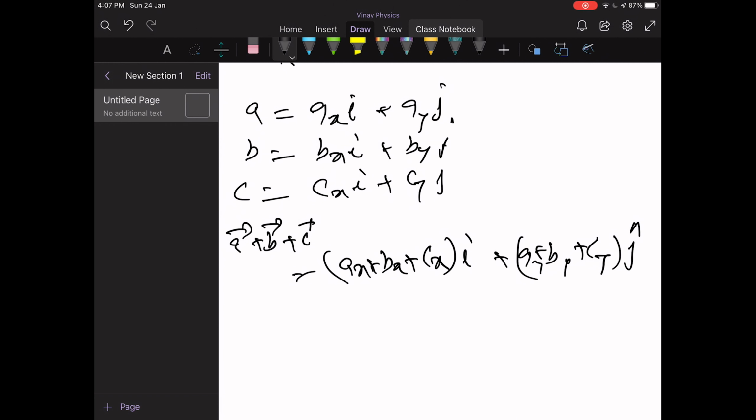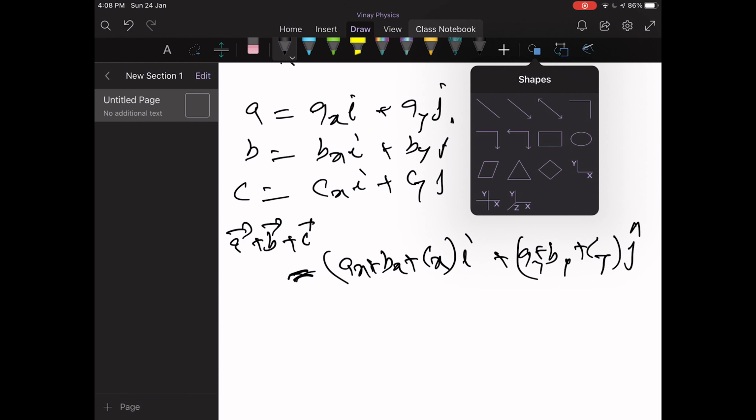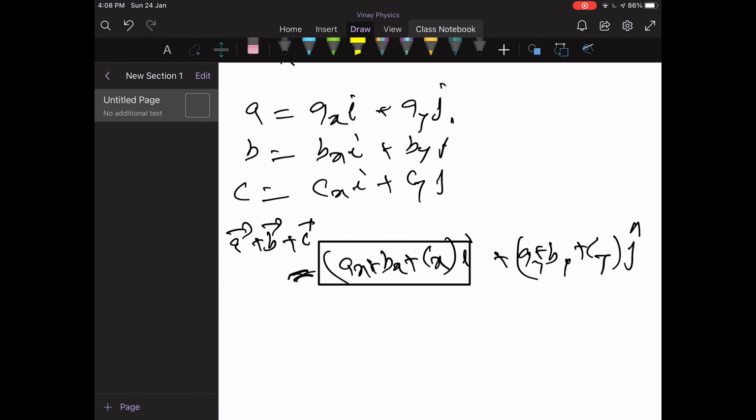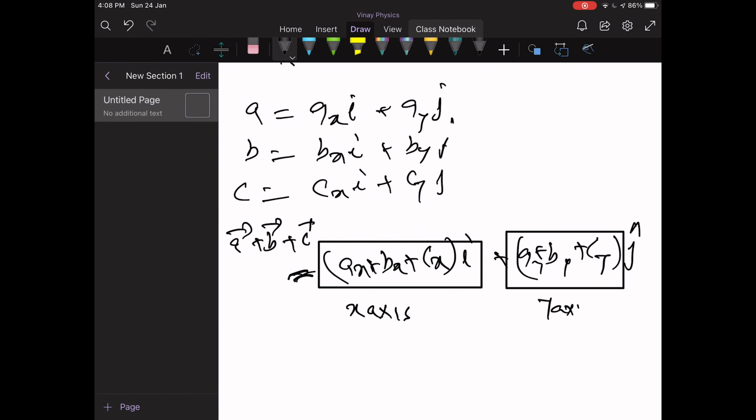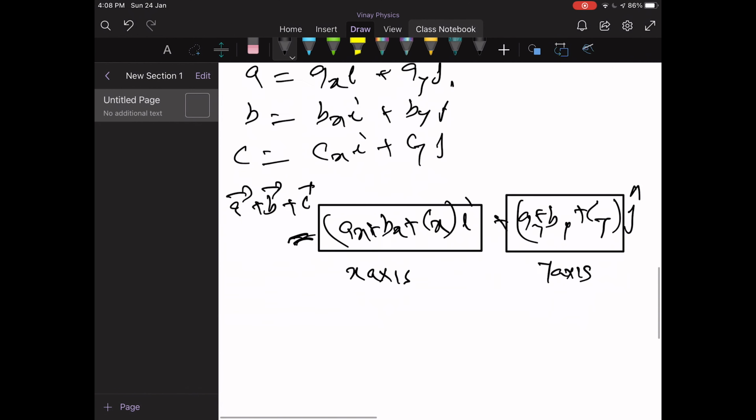If you look at this resultant vector, we can see it as a sum of two perpendicular vectors, one which is AX plus BX plus CX in the x axis direction, and another in the y axis direction, and any vector along the x axis will be perpendicular to any vector along the y axis.